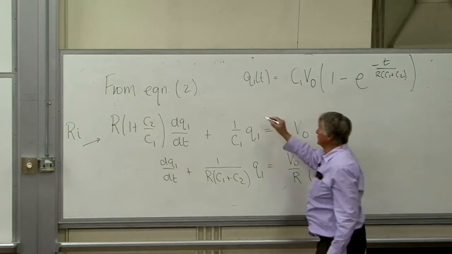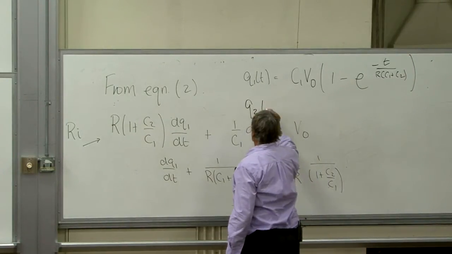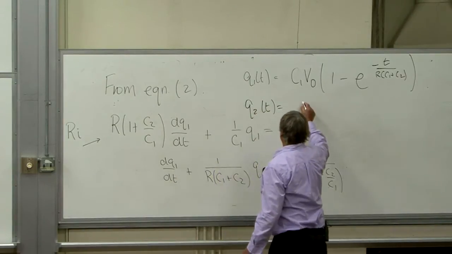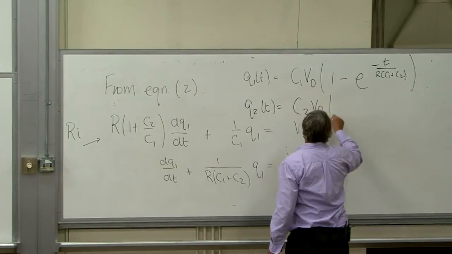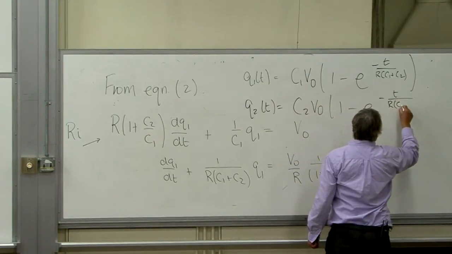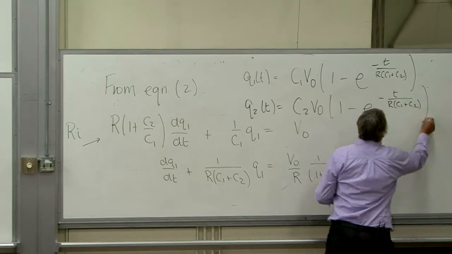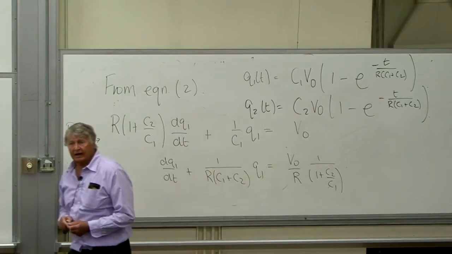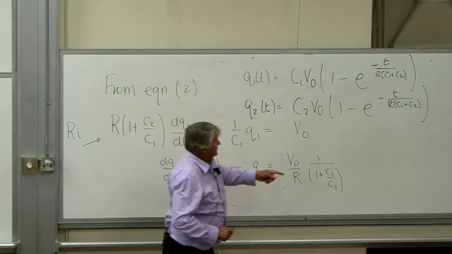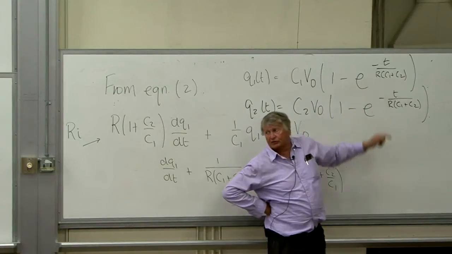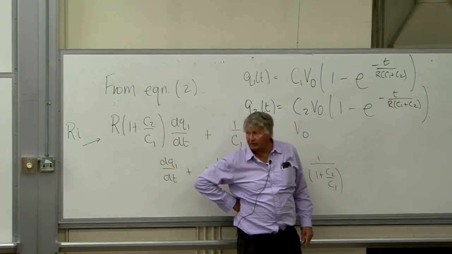And Q2 of t, what do you think Q2 of t is going to be? Right, C2 V0 times 1 minus e to the minus t over R times C1 plus C2. So what's long and short in time? Essentially this term initially is 1 when t is 0.